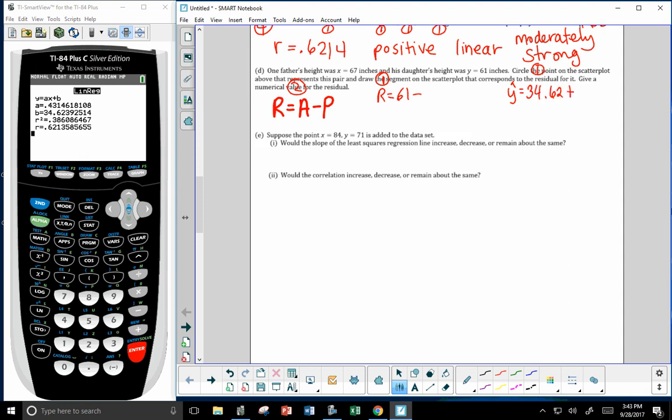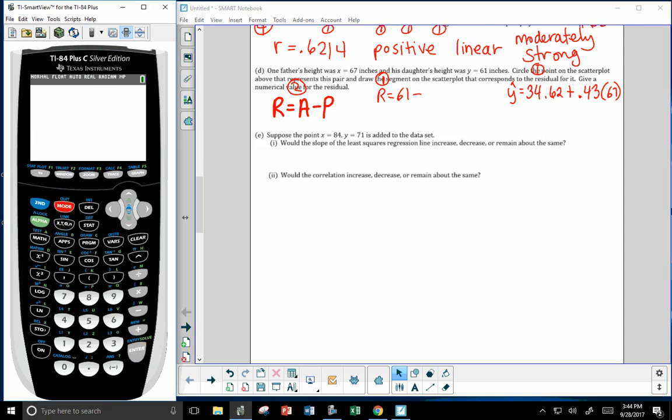Okay, so I did take some different decimal places into account when I was grading part D. So let me go ahead and finish this problem out. So we're going to go with the 63.43 as our predicted. And so we want to do 61 minus 63.43, back to the home screen. Okay, so 61 minus 63.43. And again, you didn't have to do all that table stuff.